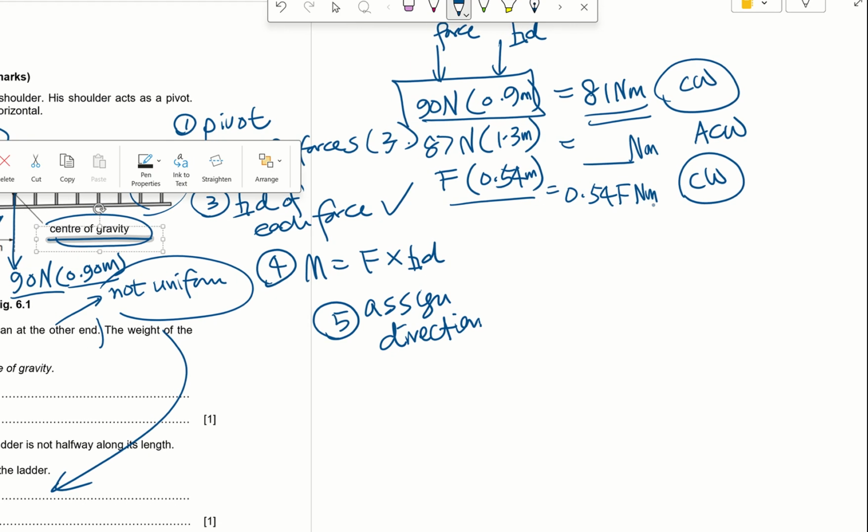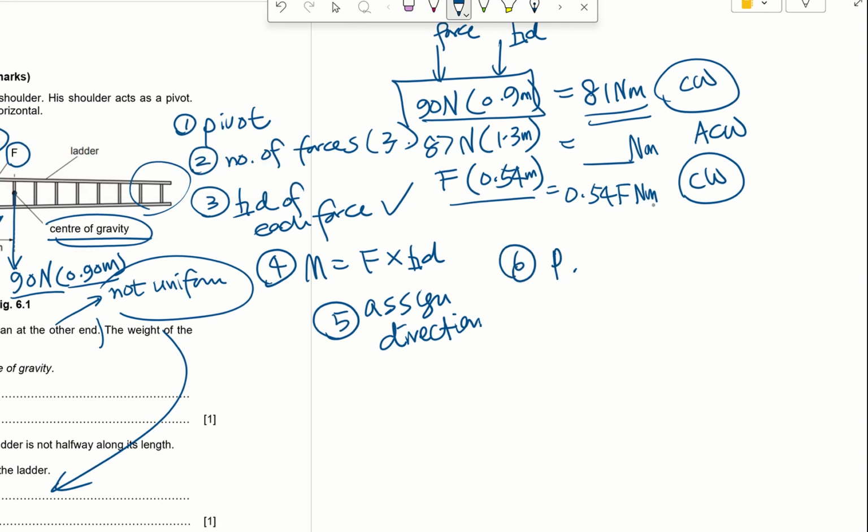Okay, and because this thing is horizontal, that means I can apply my principle of moment, which states that the sum of clockwise moment, which is 81 plus 0.54 F, is equal to the anti-clockwise moment, which is 87 multiplied by 1.3.